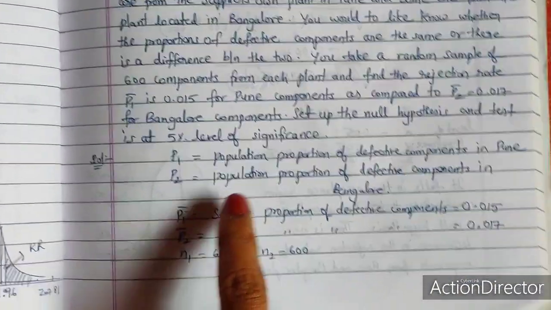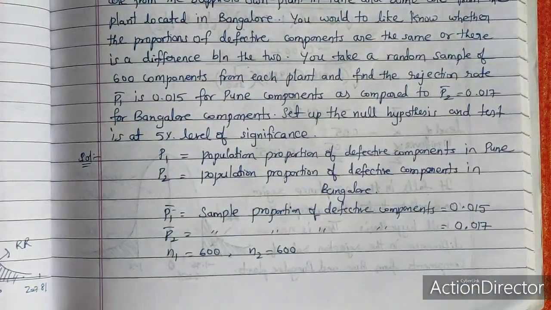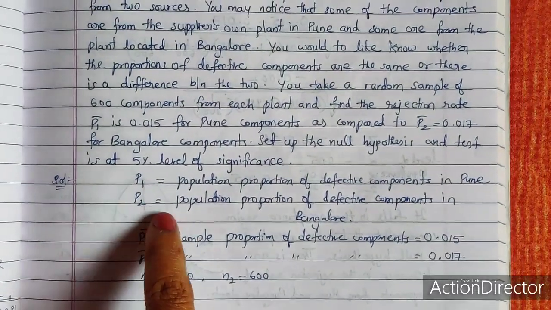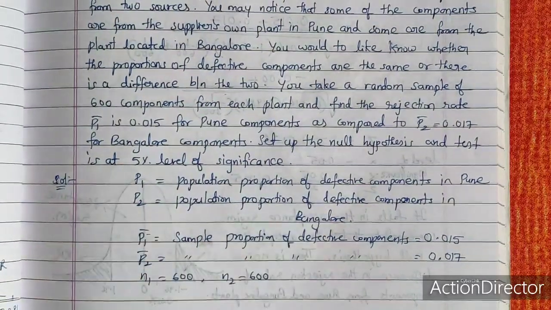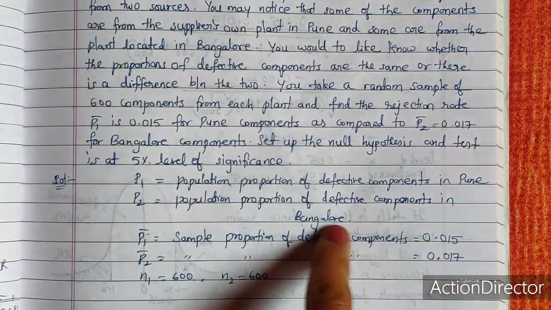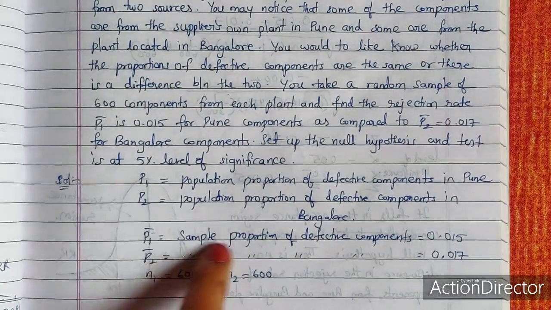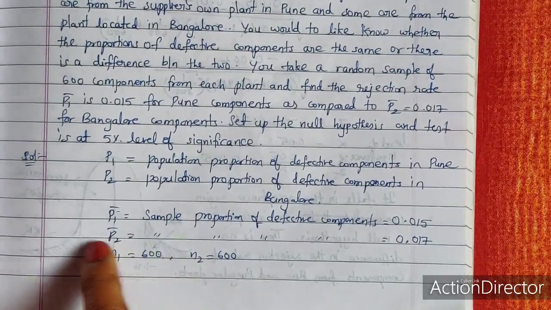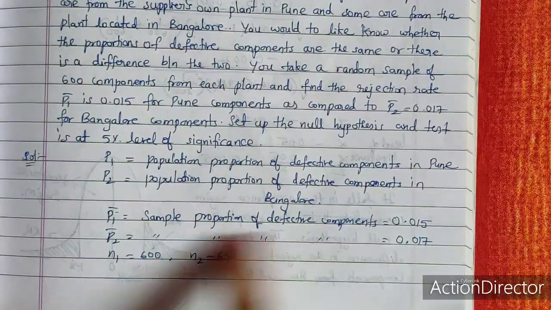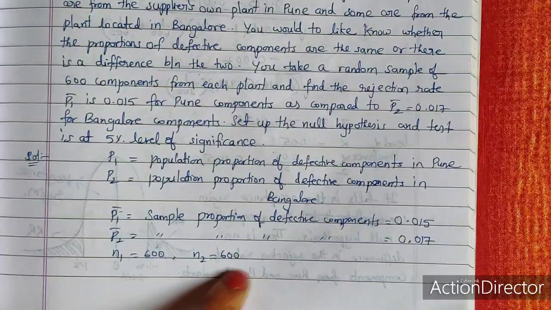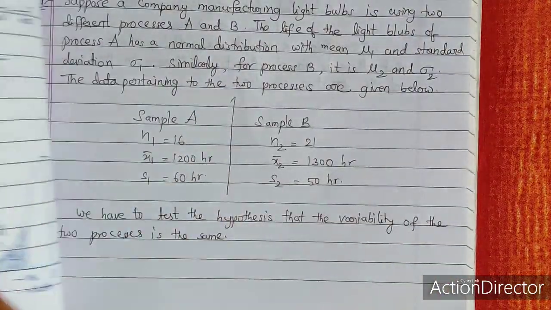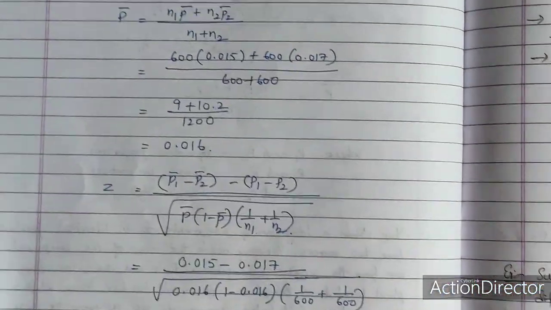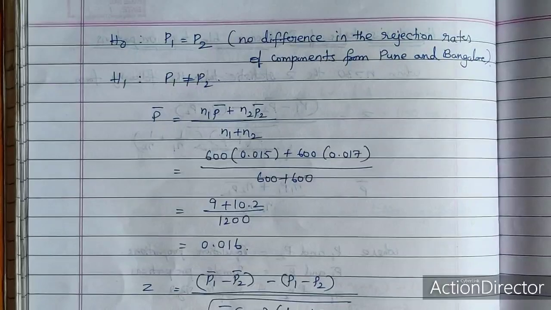So here P1 is the population proportion of defective components in Pune and P2 is the population proportion of defective components in Bangalore. P1 bar is 0.015, P2 bar is 0.017, and N1 is equal to 600 and N2 is equal to 600. Here we will substitute all these values in the given equation.